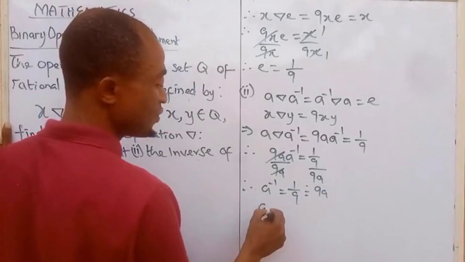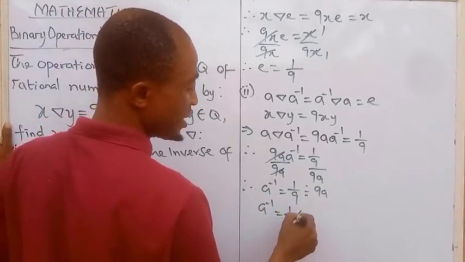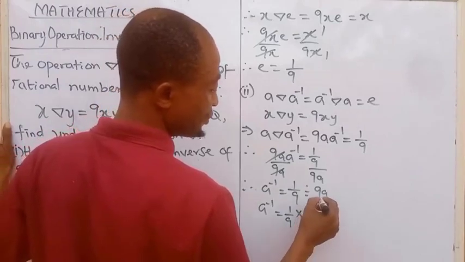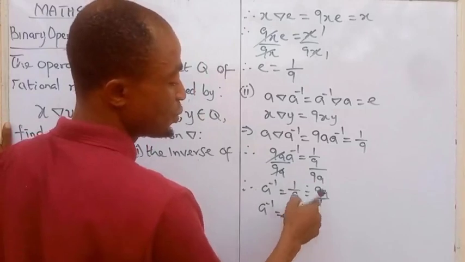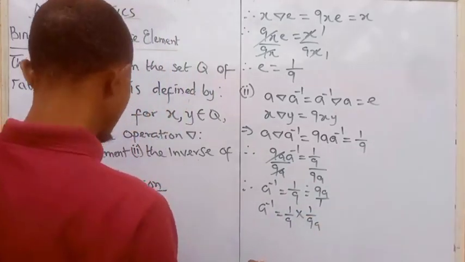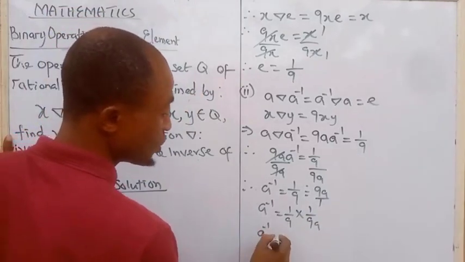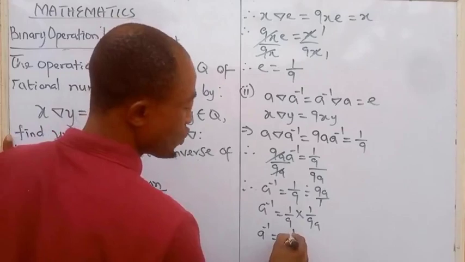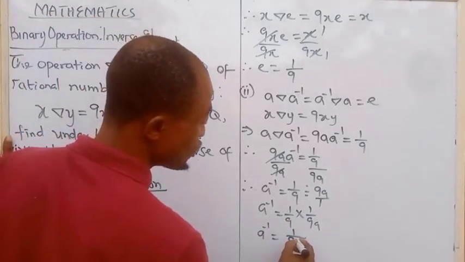So that a inverse now equals 1 over 9 times, this is over 1, when this changes to multiplication, 1 will go up, 9a will come down, 1 over 9a. So our a inverse now equals 1 times 1, that will give us 1, over 9 times 9a, that will give us 81a.